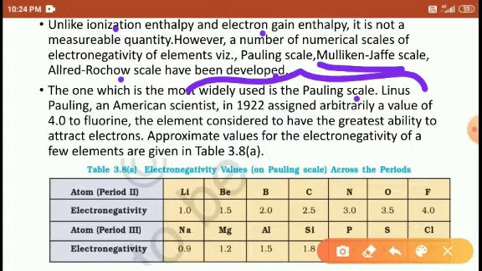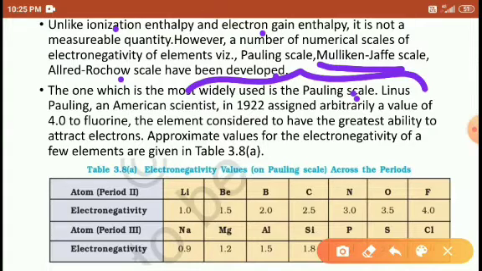Linus Pauling, the American scientist, designed the scale to measure the electronegativity of elements, which is why it is named the Pauling scale.